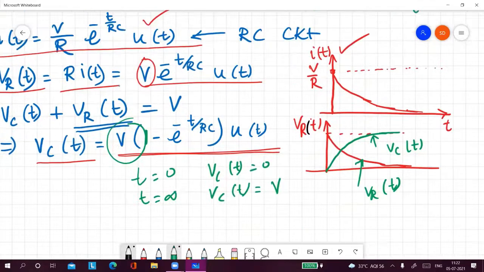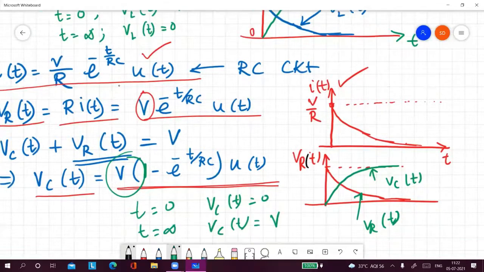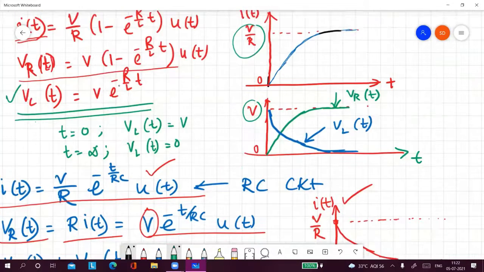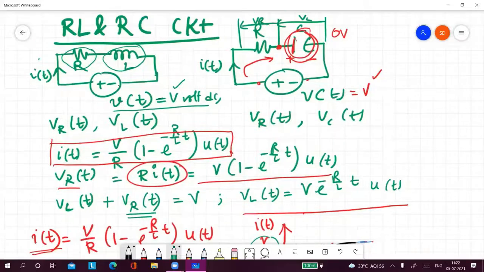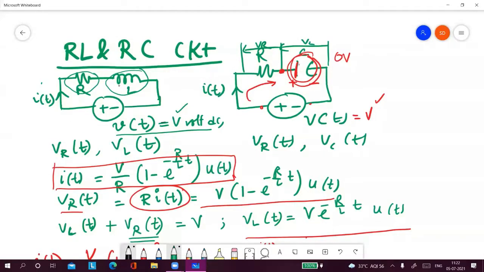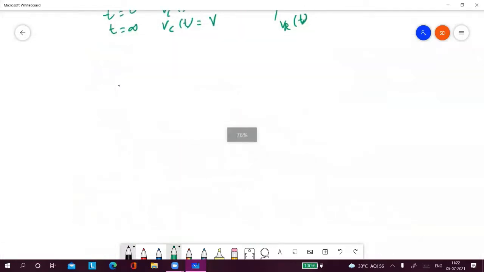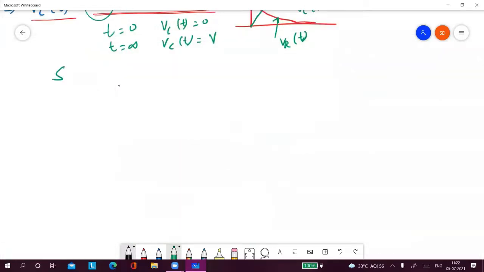We are going to study the transient response of the RLC circuit using SPICE. SPICE stands for Simulation Program with Integrated Circuit Emphasis.